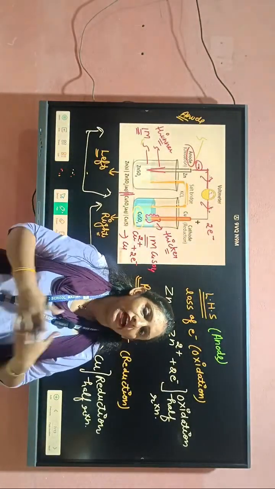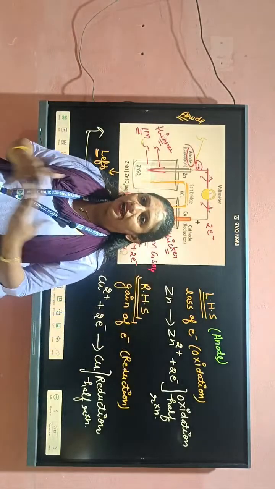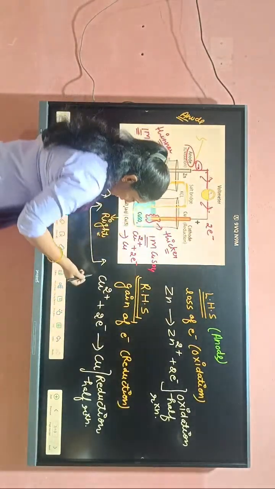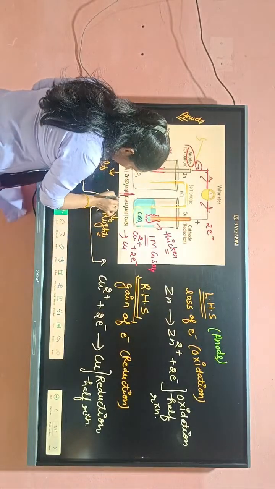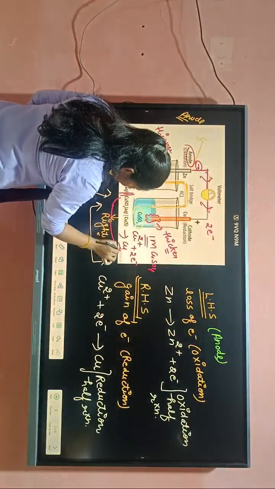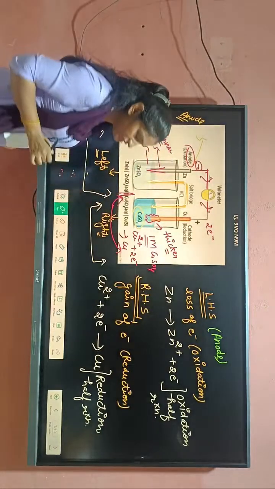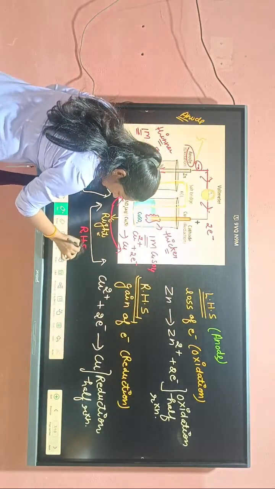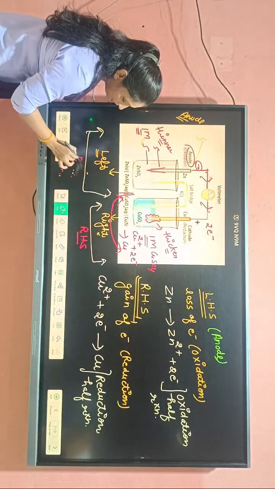How can we calculate the standard electrode potential? Clear or not? Then students, we consider the potential difference produced on the right hand side and on the left hand side.